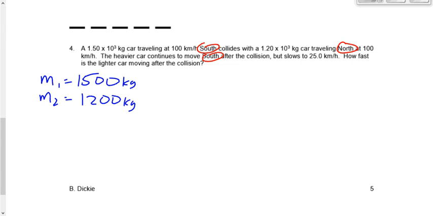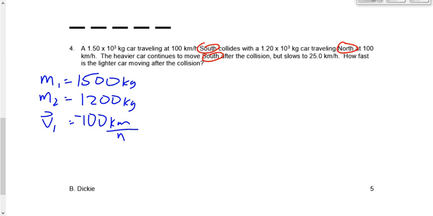We have a velocity here that is 100 kilometers per hour to the south. We're going to make it negative because it's to the south. Is that going to be V1 or V2? Look, it's the 1,500 kilogram car traveling at that speed. 1,500 kilogram car is mass 1. So we're going to call that V1. Now, is that initial or final?